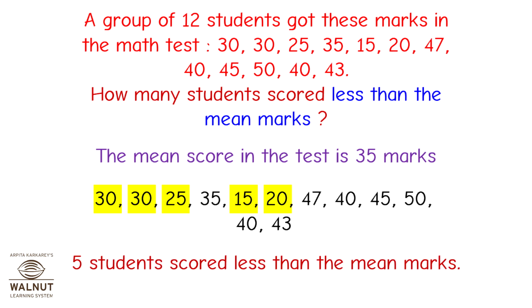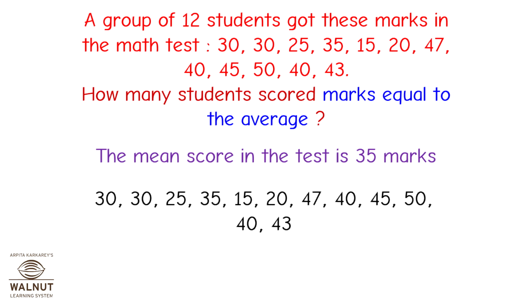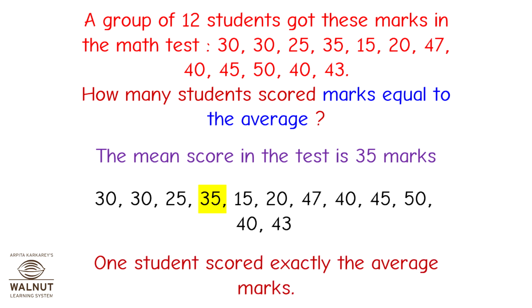Five students scored less than the mean marks. How many students scored marks equal to the average? One student scored exactly the average marks.